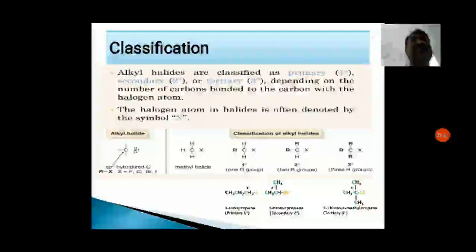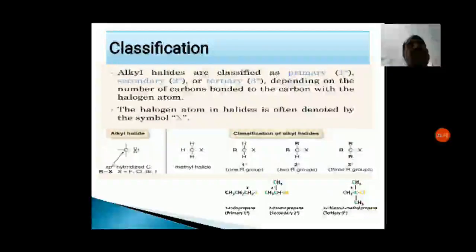Now, classification of alkyl halides. Alkyl halides are classified as primary, secondary or tertiary depending on the number of carbons bonded to the carbon with the halogen atom. Let's see here, there is an alkyl halide where the carbon atom, as shown, is in an sp3 hybridized state.